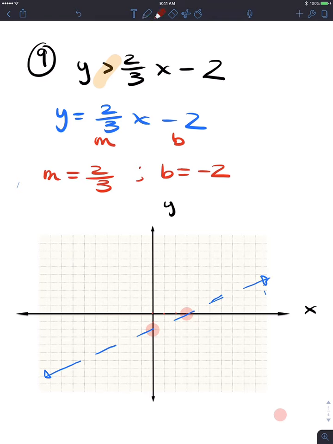Notice the origin is available. The origin is available as a test point, 0, 0. So I'm going to use 0 for x and 0 for y. We're going to test this inequality. We're going to need some space.